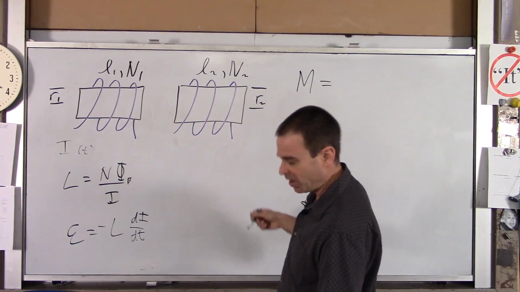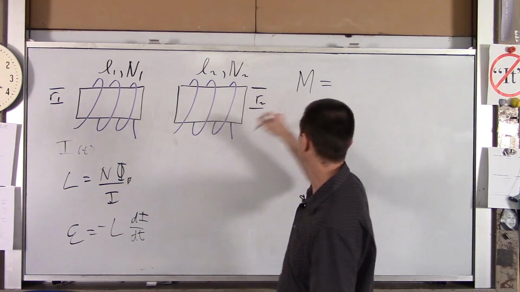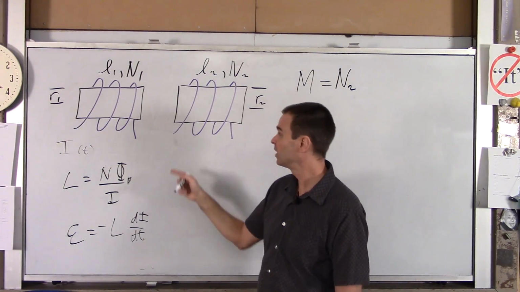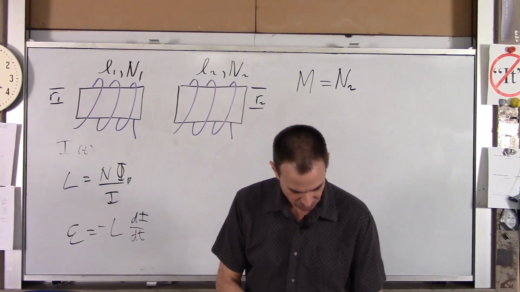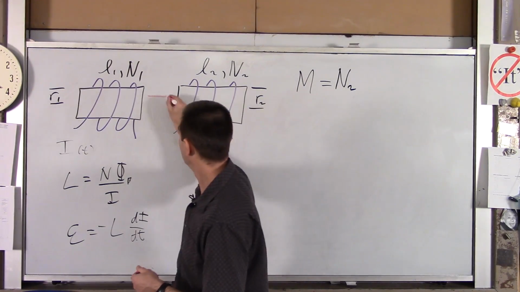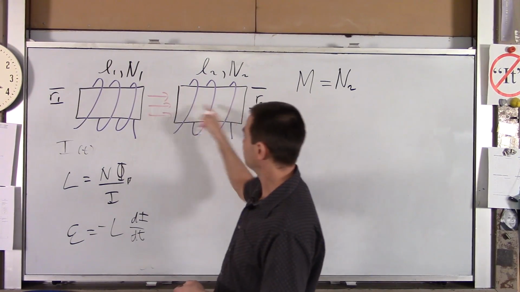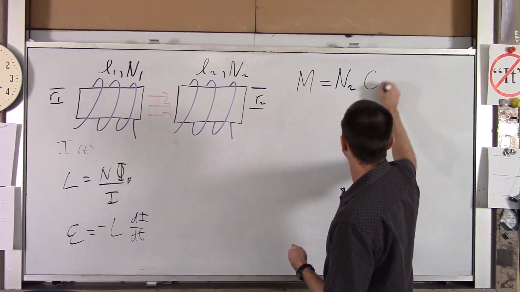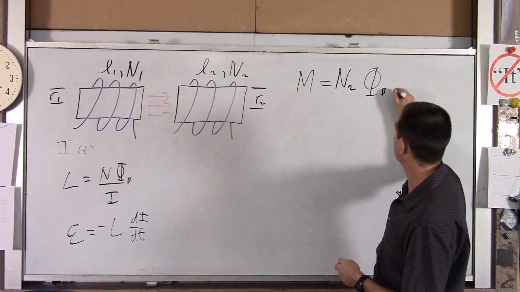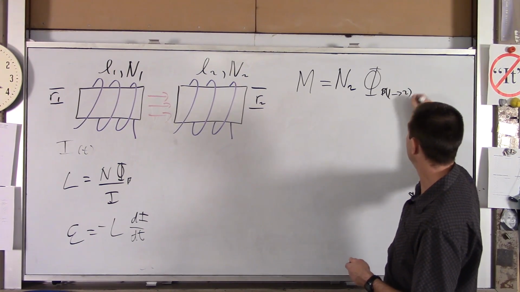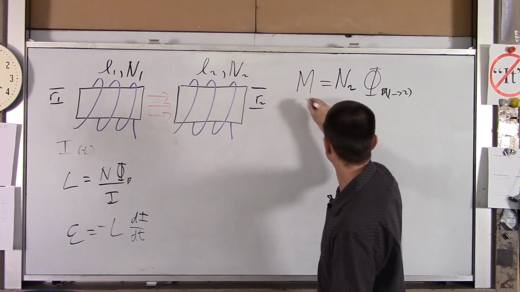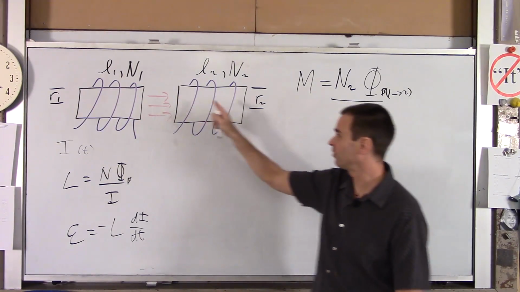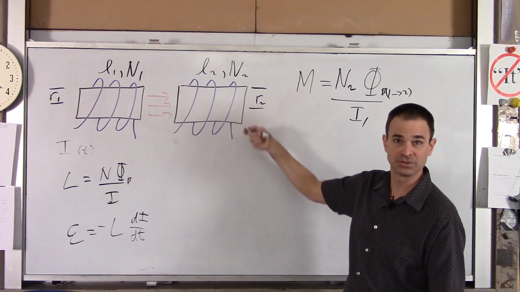It's the number of turns in this coil, so that's N2, times the flux that passes, and I'll draw this kind of light, we'll use some hot pink here, the flux that passes from 1 into 2, the magnetic flux that passes from 1 into 2, over the current of 1. So how good is this current at generating a voltage over here, in essence?